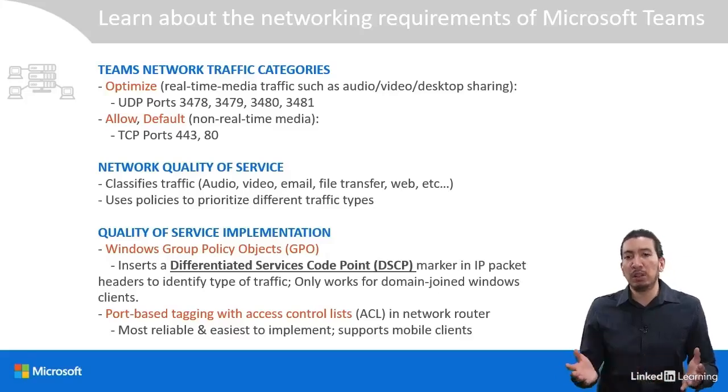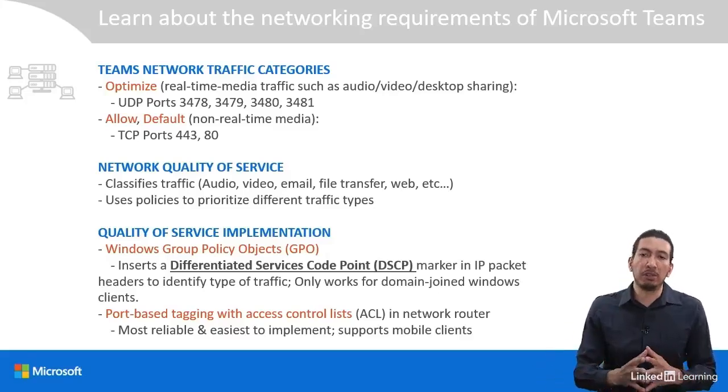To implement quality of service, you can use either Windows Group Policy Objects or port-based tagging in your network routers. When using Group Policy Objects, you must take into consideration that it only works for domain-joined Windows clients.